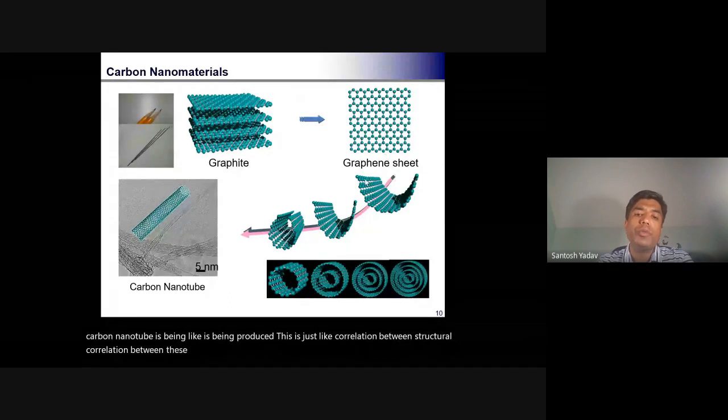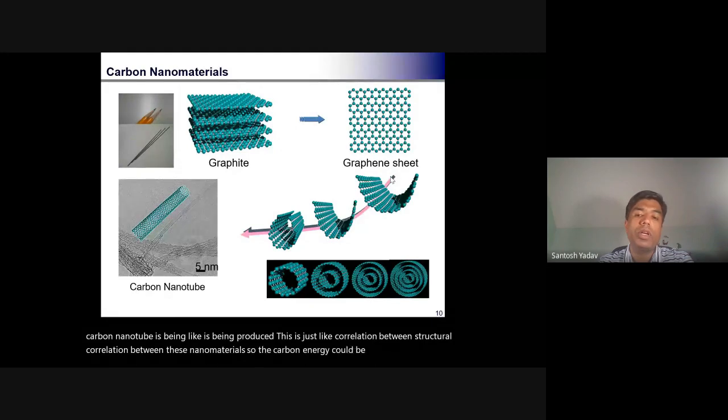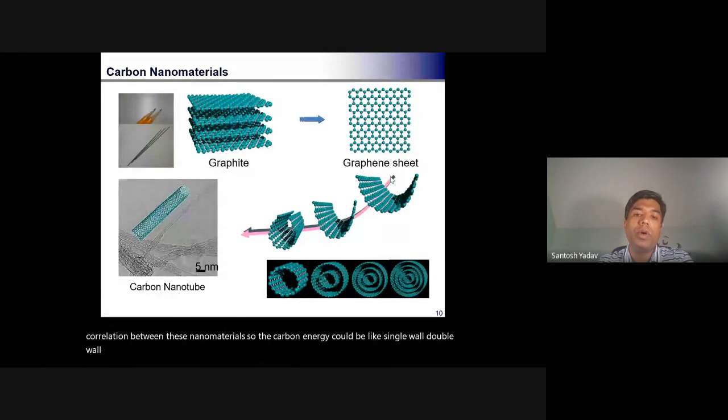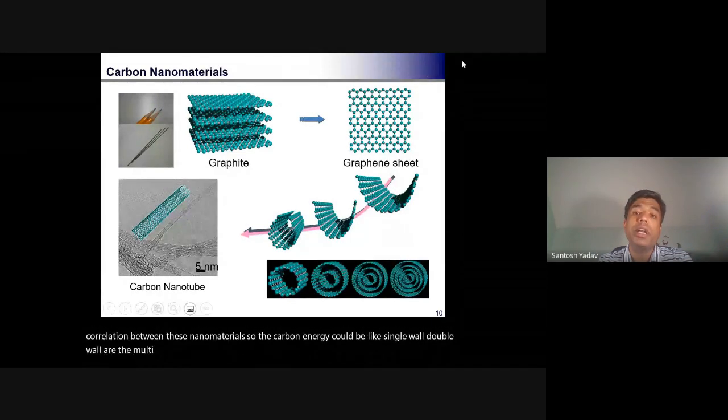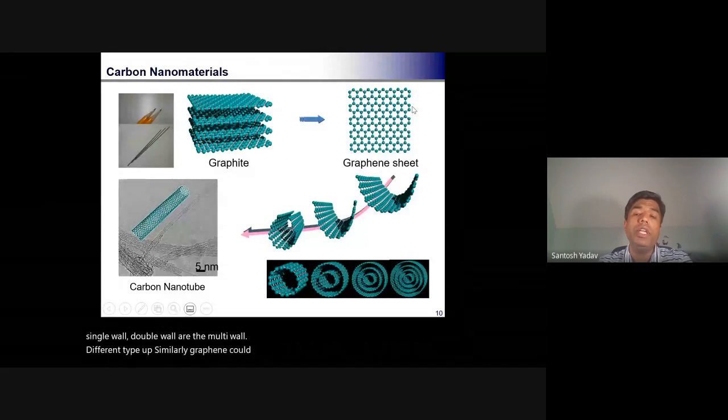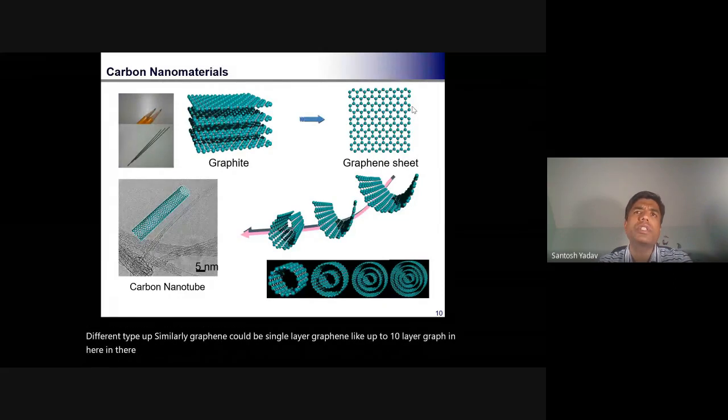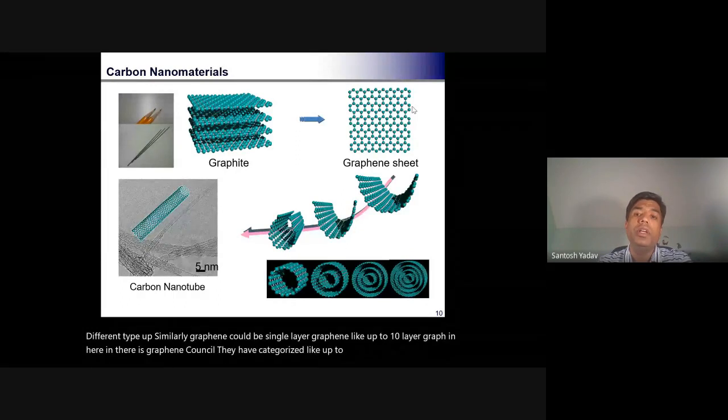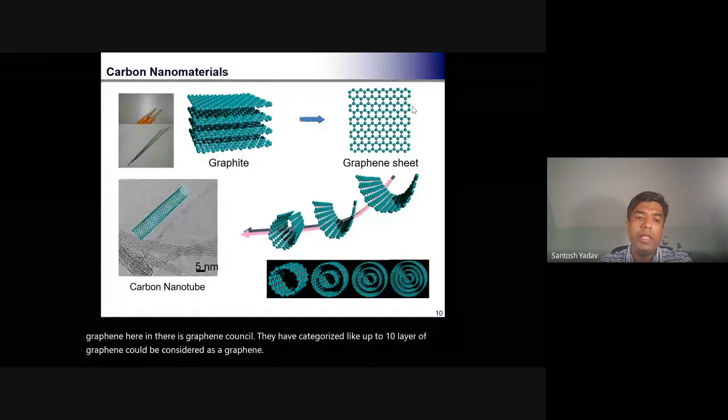The carbon nanotube could be single wall, double wall, or multi-wall. Similarly, graphene could be single layer graphene, up to 10 layer graphene. The Graphene Council has categorized up to 10 layers of graphene as graphene in that category.